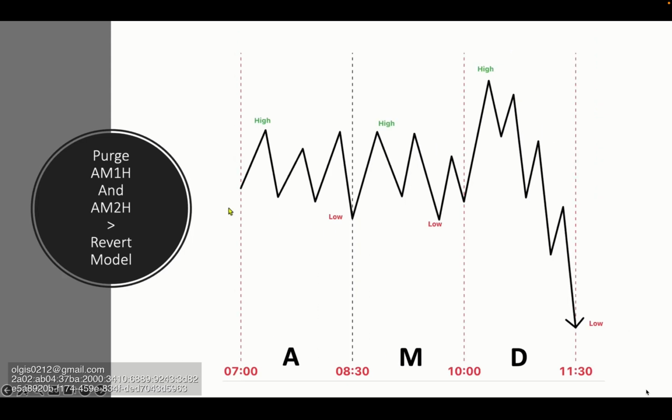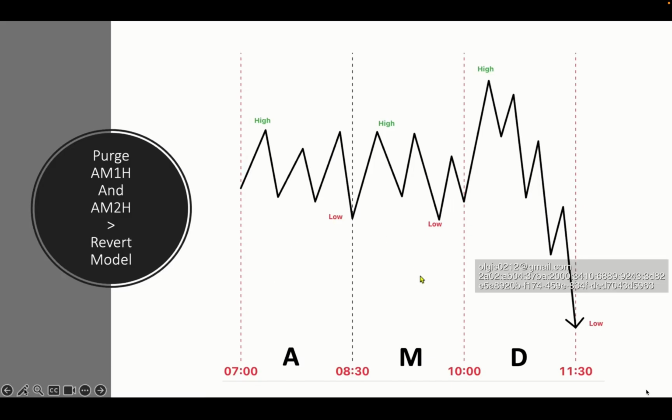And then finally, the third scenario that we will be looking at is a purge of both the AM 1 high and the AM 2 high, and a preferred model. So what we are seeing is the following. We're seeing that both the accumulation cycle and the manipulation cycle were going sideways. Why does this occur?